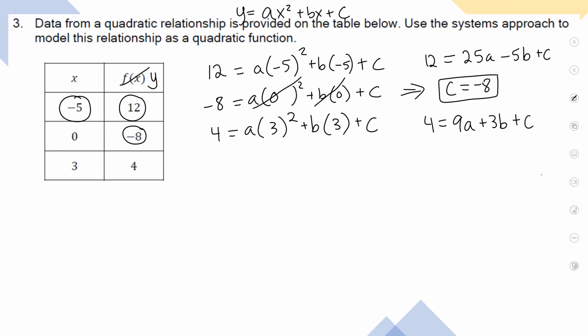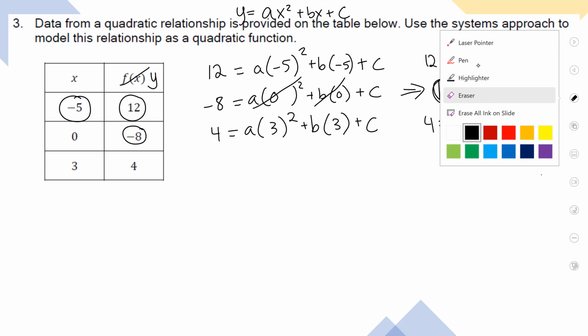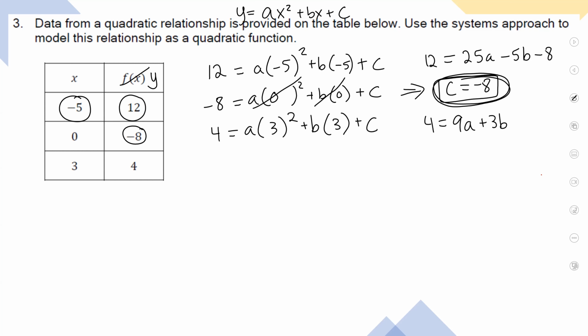Okay, so guys, since we already know that c is -8, I'm going to plug that into my equations. I'm going to erase both of these c values, and I'm going to put a -8 there. Now we're going to do some algebra. I'm going to simplify this further because I can combine like terms. I have a -8 and a 12.